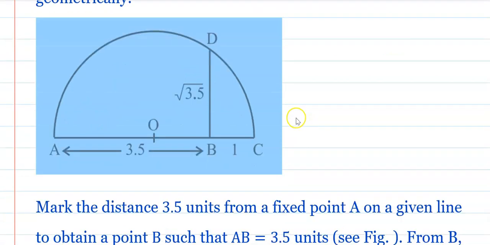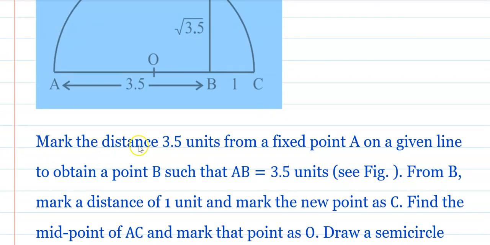Now see this here. Mark a distance of 3.5 units, meaning you can take centimeters, from a fixed point A on a given line. Consider this a fixed point A, and from this we take the distance of 3.5. Treat it as the point B, such that AB is equal to 3.5 units.